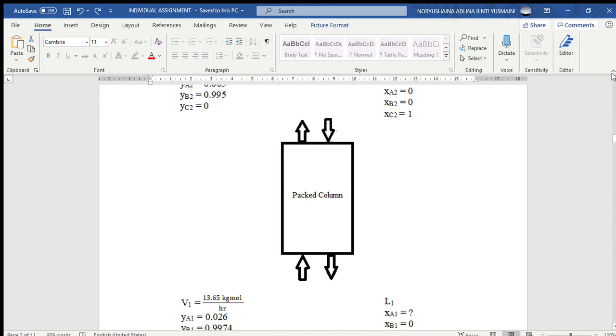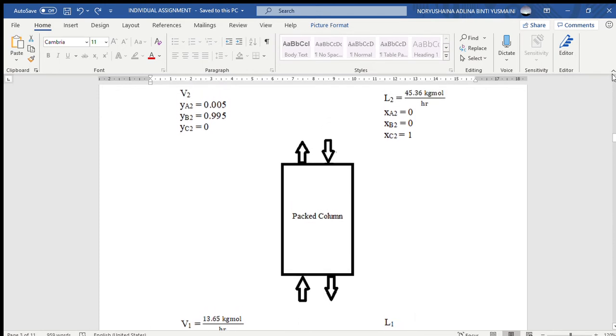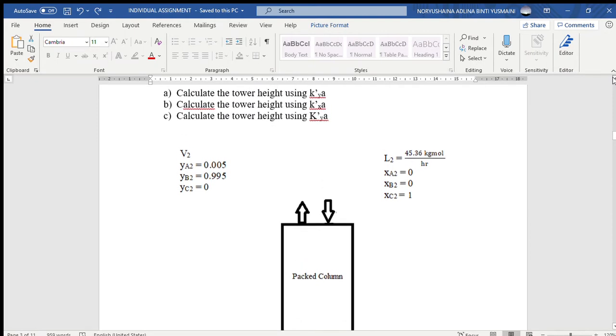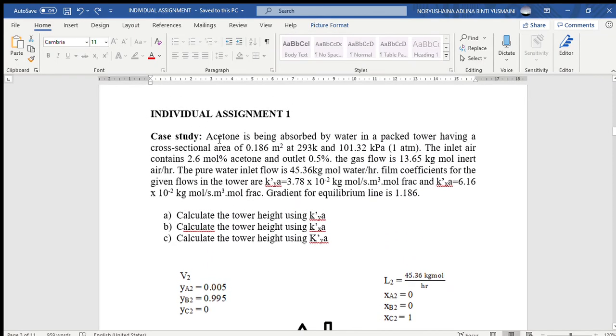As what I had learned before, for all the calculation, just consider component A only. Based on the question, acetone is the one that is being absorbed, so acetone is component A. Component B is the inert air that flows through the gas stream, and the last one is component C, which is the pure water.